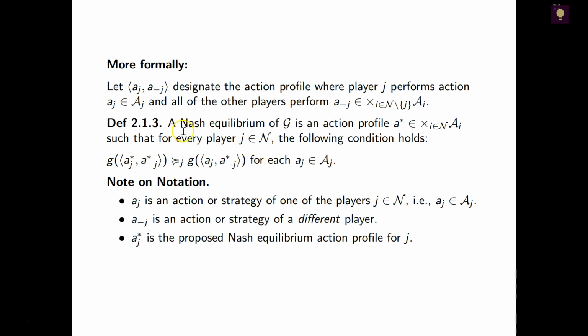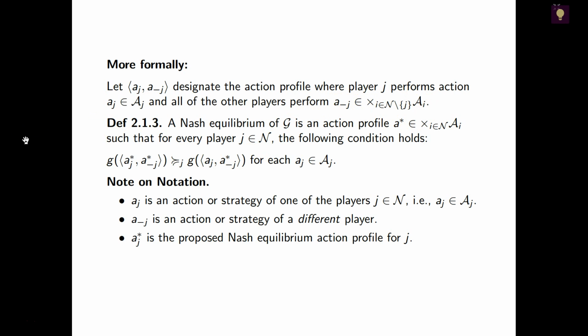More formally, we can say this about the Nash equilibrium. Let A_j and A_-j designate the action profile where player j performs action A_j in the set of actions, and all the other players perform A_-j in their own sets of actions.